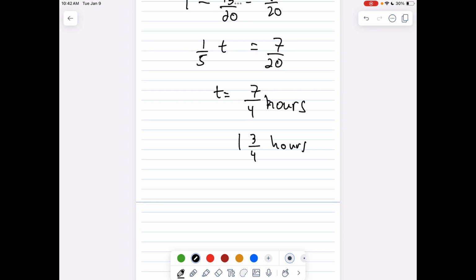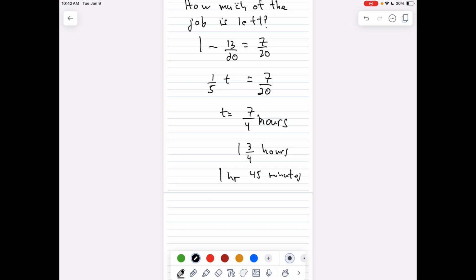Or 3/4 of an hour is 45 minutes, so an hour and 45 minutes is how long it would take the fast pump to finish the job by itself after the slow one broke down. In total, the whole job would have taken 3 hours and 45 minutes, because you already had done 2 hours plus the hour and 45. However, that's not what the question was asking, but sometimes they do ask that type of question.